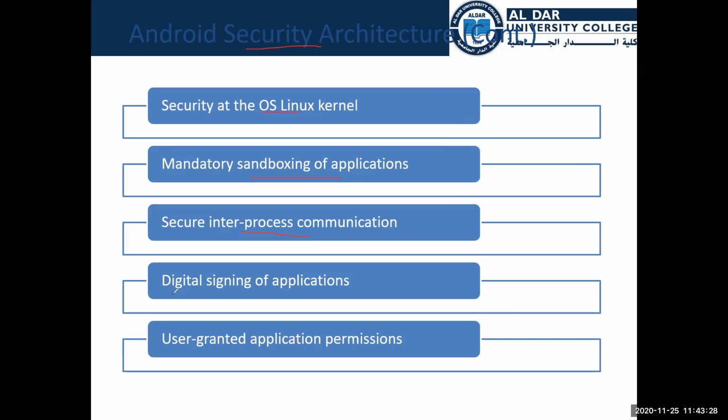This is ensured by Google. They make a platform for this purpose. Any developer who wants to put his application on the Play Store has to go through the signing process.